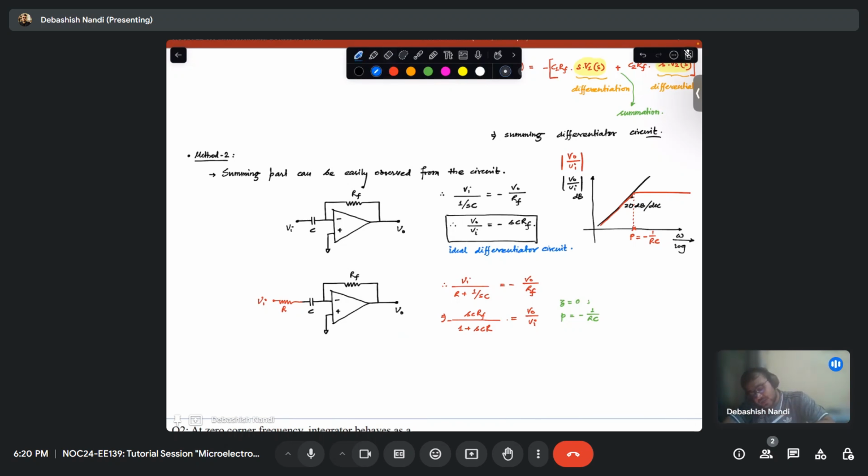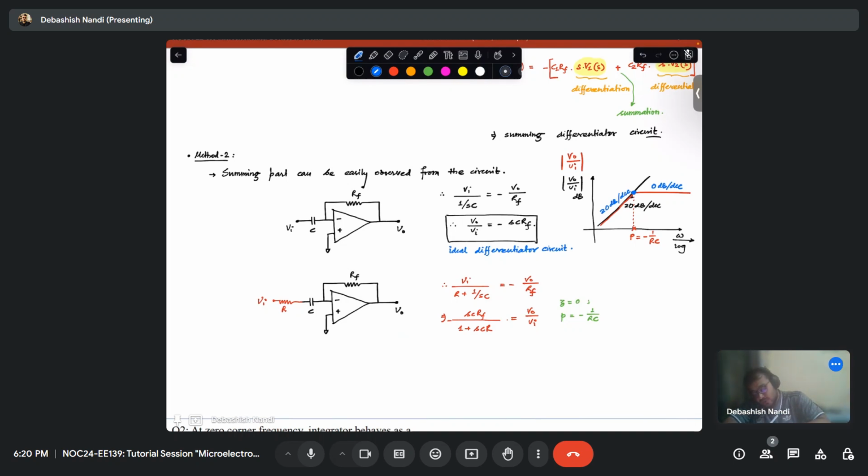Fine. So you can see that this slope is 20 dB per decade, and as soon as you encounter a pole, your slope should reduce by 20 dB. So the effective slope will be 0 dB. Okay. So this is what is happening.